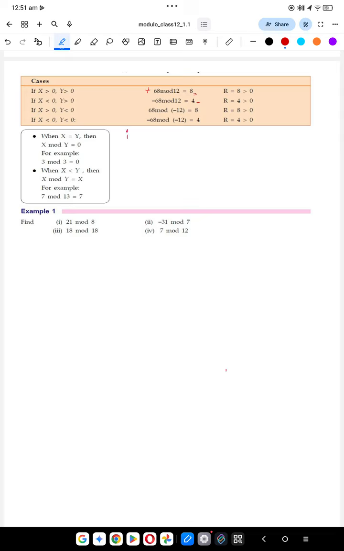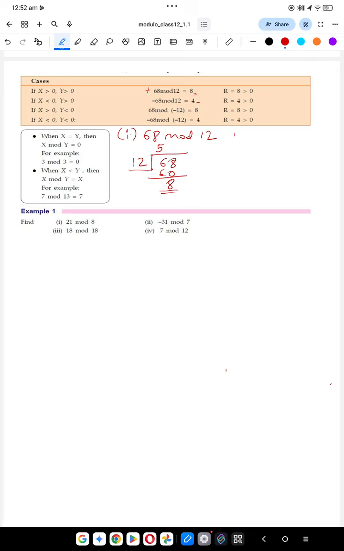Considering the first example, 68 mod 12, we do as in normal division: 12 5s are 60, 12 6s are 72. We take 12 5s are 60 and we get remainder 8.